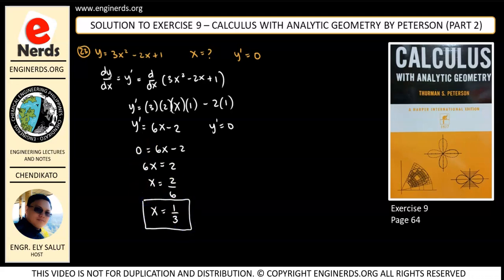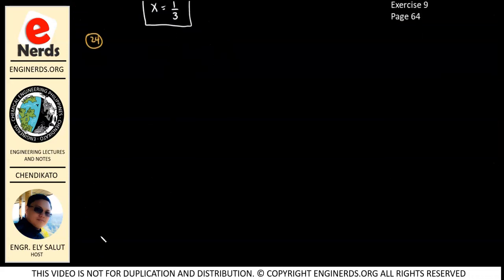Now, let's go to problem number 24. Now, what is problem number 24? If f of x is equal to x cubed minus 3x squared, find the values of x, so x uli ang hinahanap, for which f prime of x is equal to 0. So, kailangan natin makuha yung value ng x if f prime of x is equal to 0.